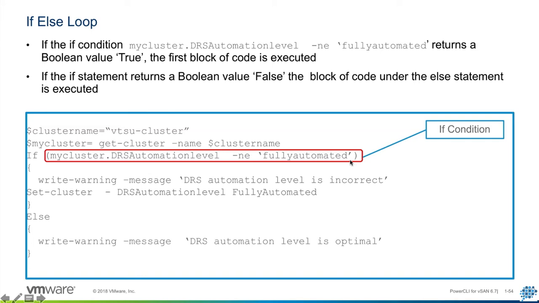Let me clarify this, and it's very important to understand. Only if this statement is true, that is, the DRS automation level is not equal to fully automated, only then the first block is executed. If this statement is not true, then the else block will be executed. The else block writes a message saying DRS automation level is already optimal.